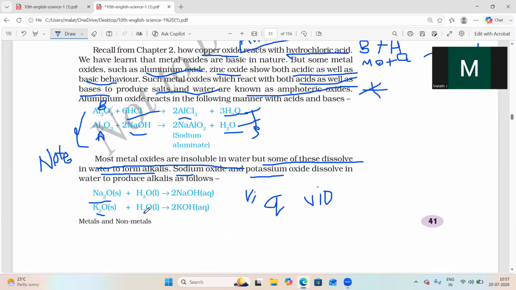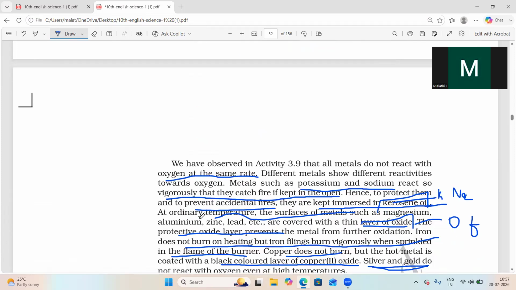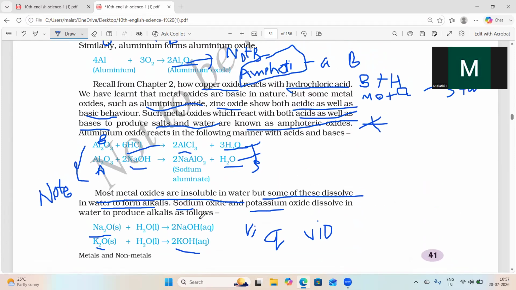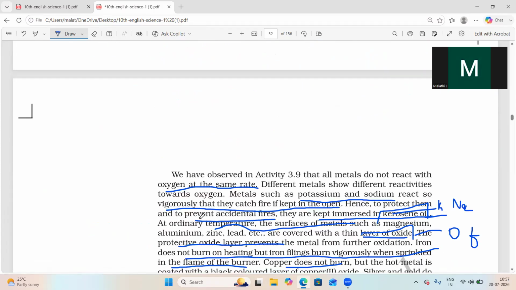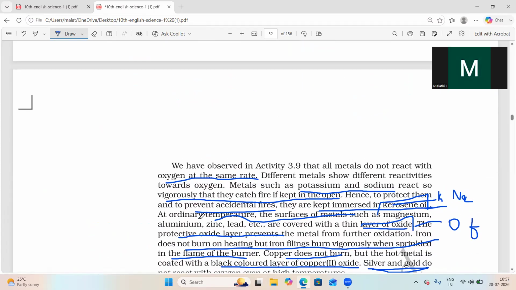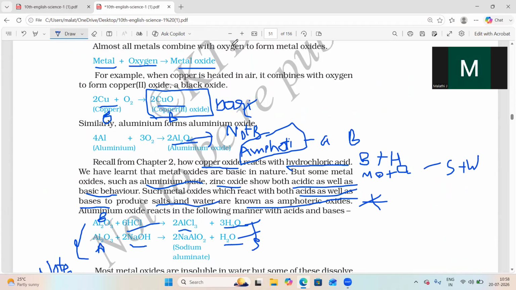Potassium oxide reacts with H2O to give potassium hydroxide. The reaction is very vigorous; it reacts easily with air and catches fire. To avoid accidental fires, we keep these metals immersed in kerosene. This is one chemical property of metals.